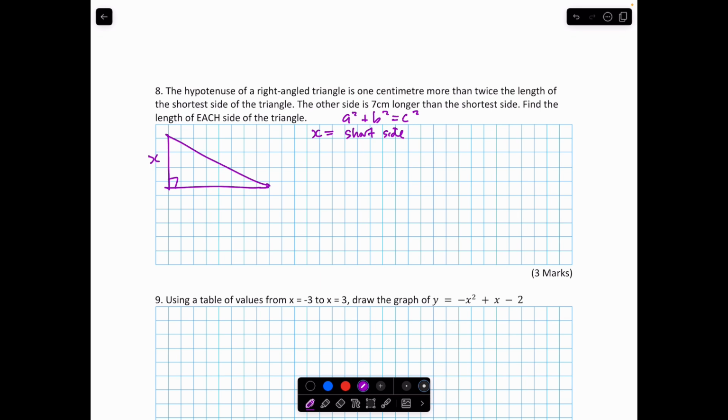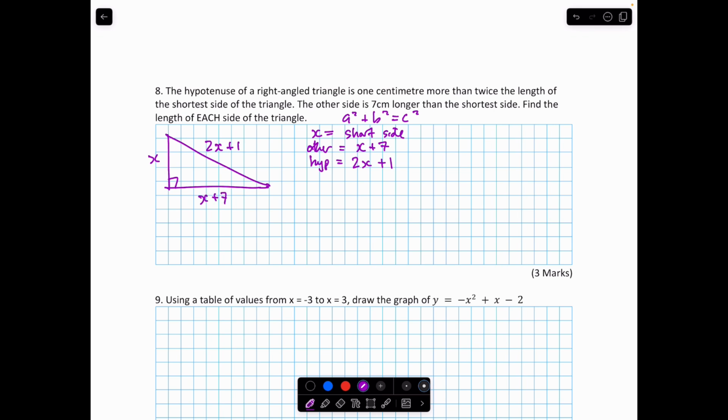The other side is 7 centimeters longer, so the other side is x plus 7. And the hypotenuse is 1 centimeter more than twice the length of the short side. Twice the short side is 2x, and 1 centimeter more is plus 1, so this is 2x plus 1. This is x plus 7.